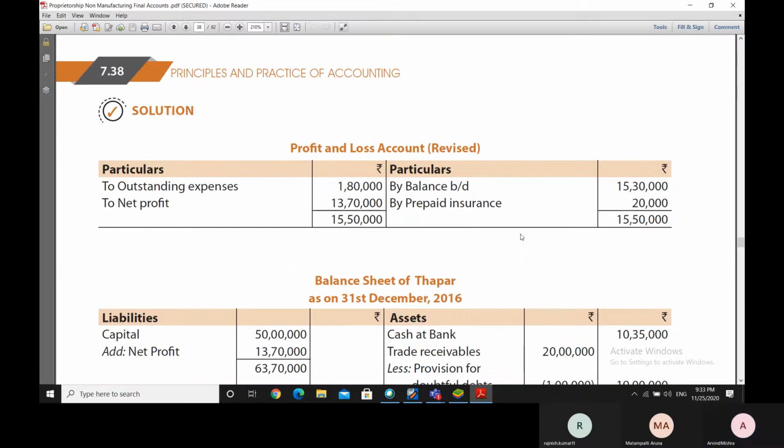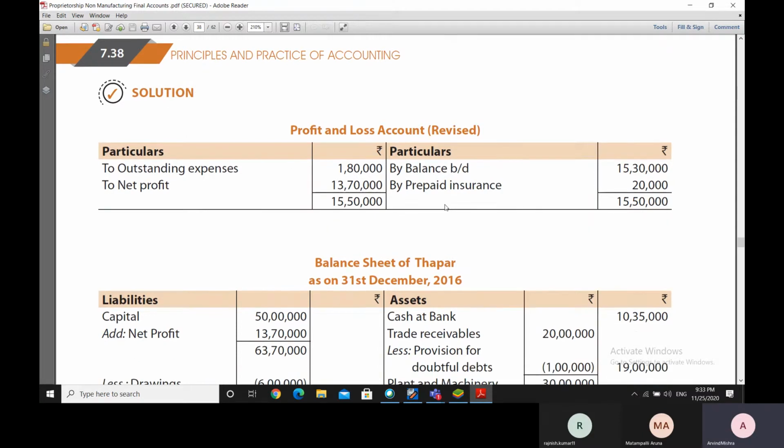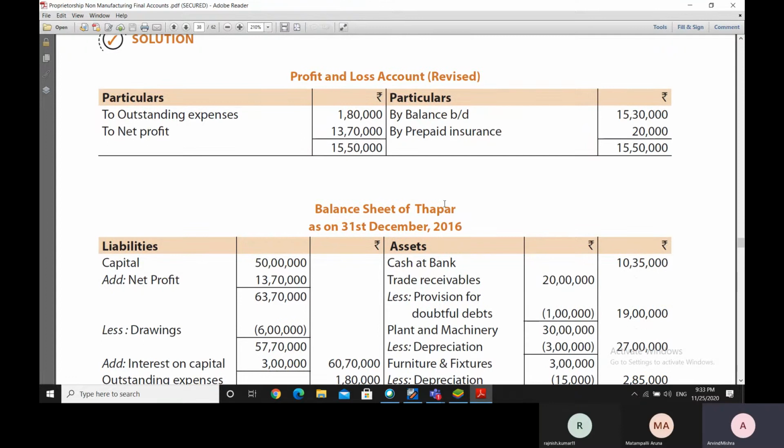And so we are entering the prepaid insurance, we are crediting the profit and loss account with the prepaid insurance, and we are debiting the profit and loss account with outstanding expenses. And having done that, we are getting a final net profit of 13,70,000 rupees.